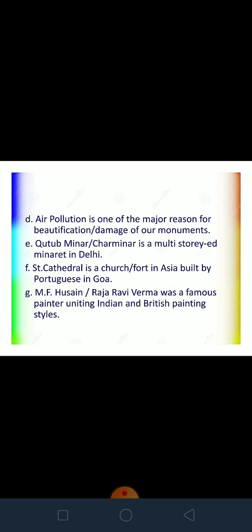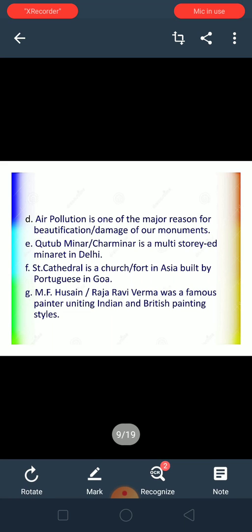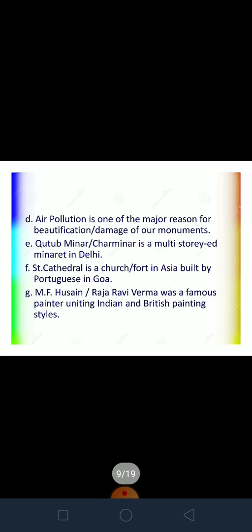That smoke is full of pollutants and particles which damage the quality of air, and further it causes damage to humans, to plants as well as to monuments. So what will be the answer here? Air pollution is one of the major reasons for damage of our monuments. The Taj turned yellow due to air pollution.